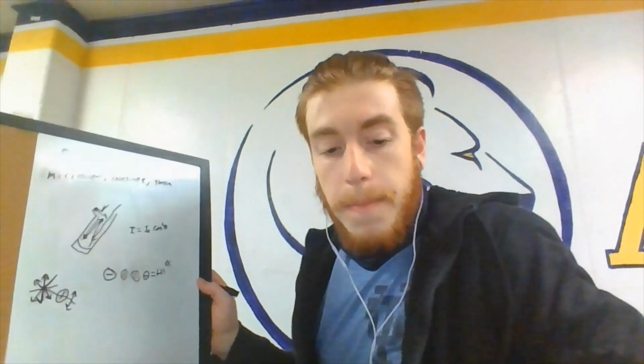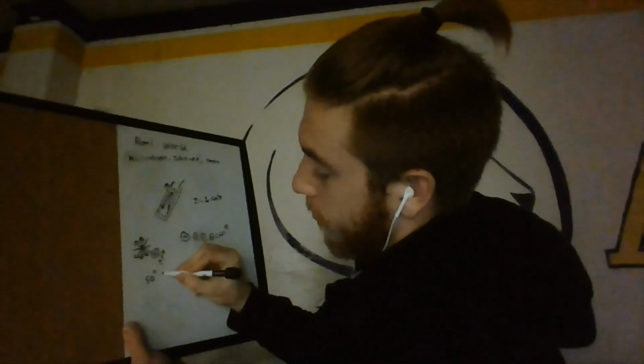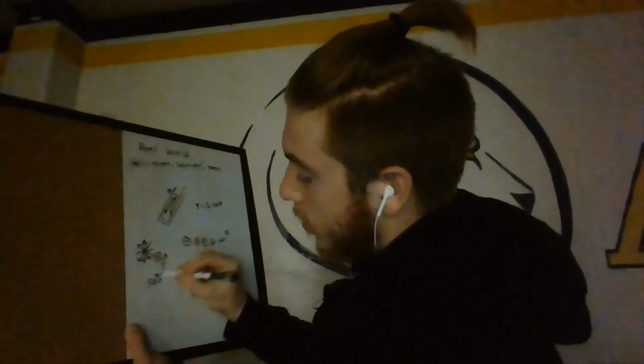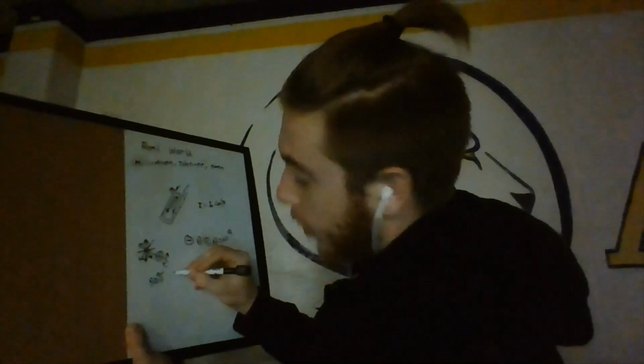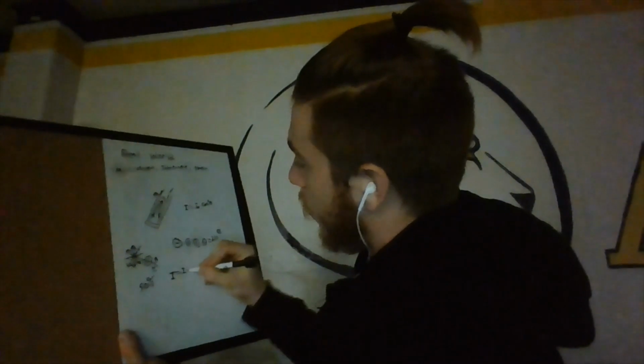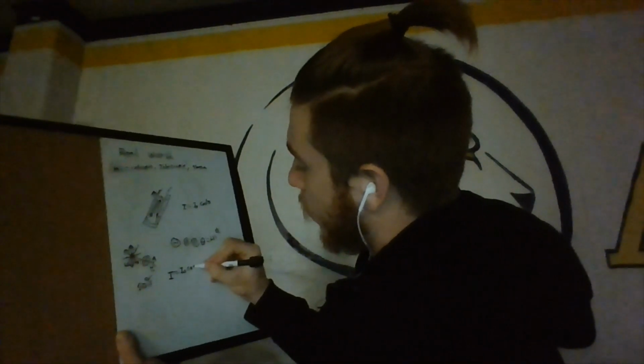For this I'll use the same equation. The question is: only 50% of the intensity is passing through, so the light is only 50% going through the whole thing. How would we do that with I = I naught cos squared theta?